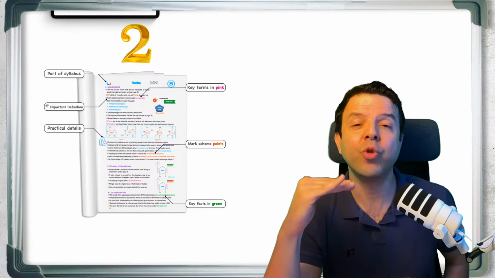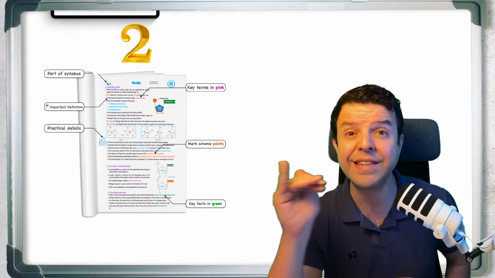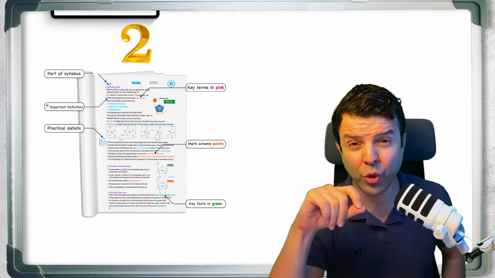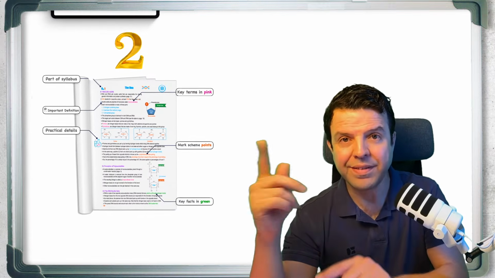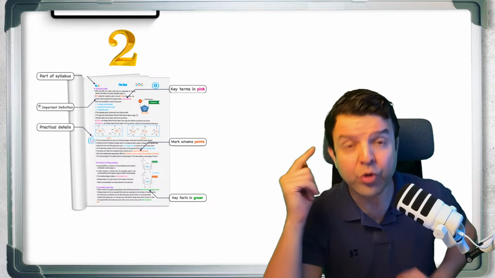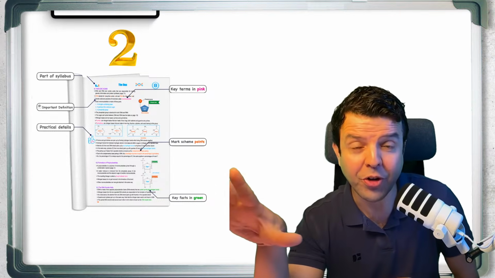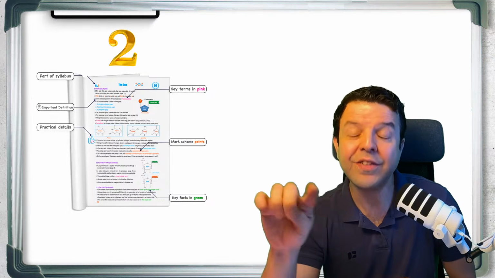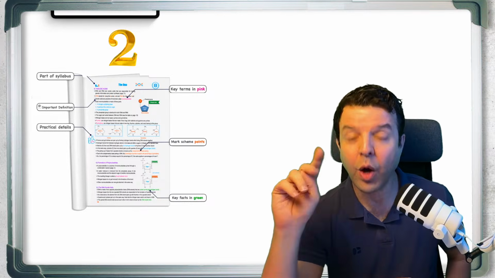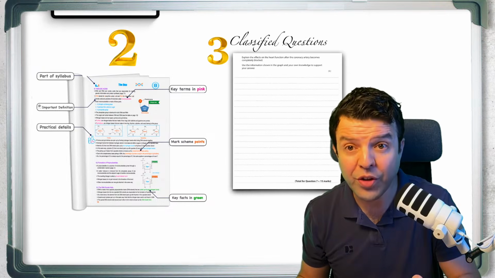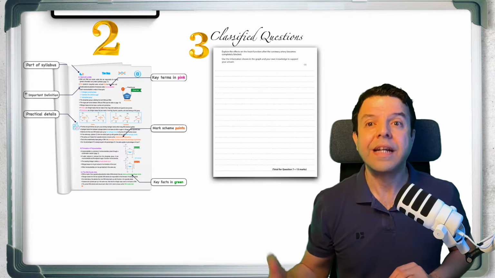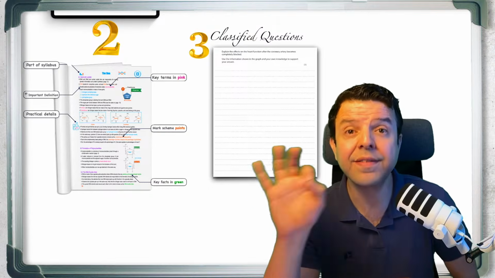You can boost this all the way up to 70%, which would score you a B or even a low A. But still, because we forget a lot these days, you need to support this now with step 3, where you're going to solve classified questions, only about this particular topic.